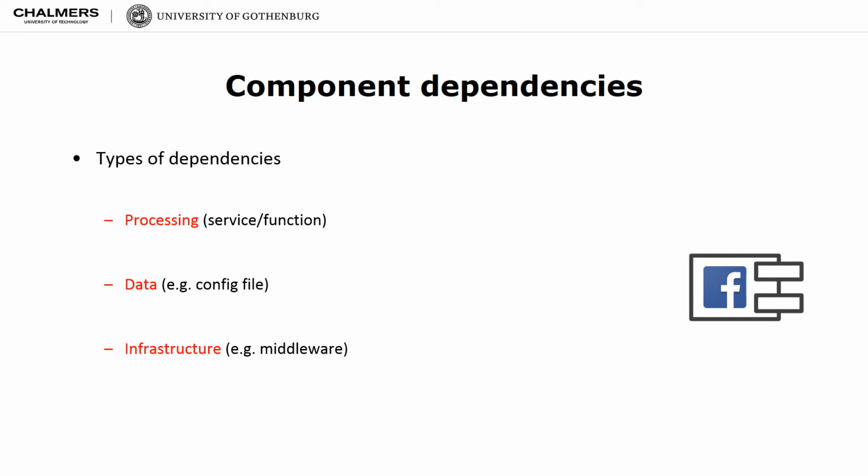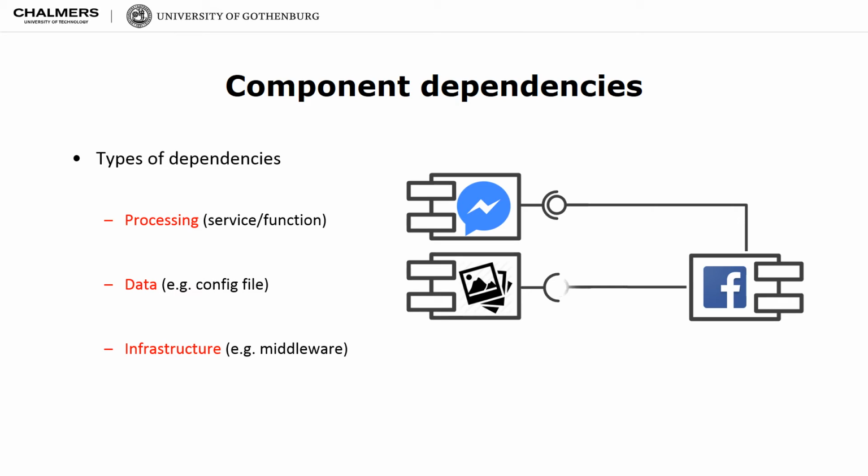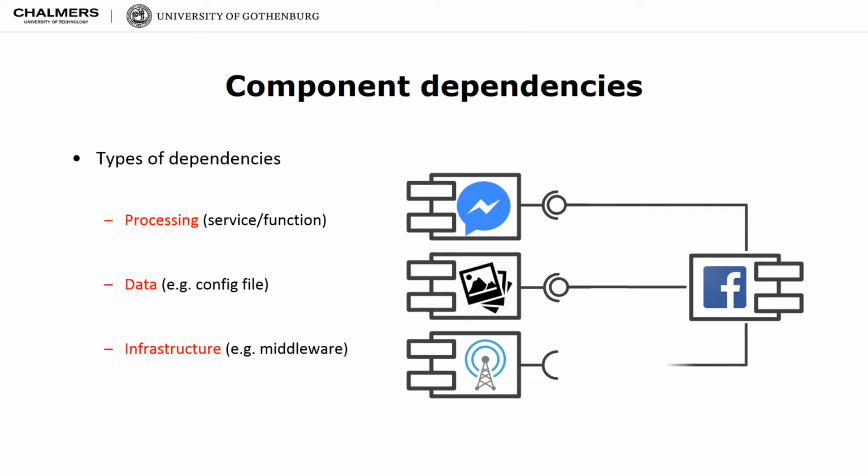As an example of a processing dependency, Facebook depends on a messaging service provided by another component. An example of a data dependency is access to the photo gallery or to a privacy settings file. And for a Facebook app, an example of an infrastructure dependency is network connectivity.